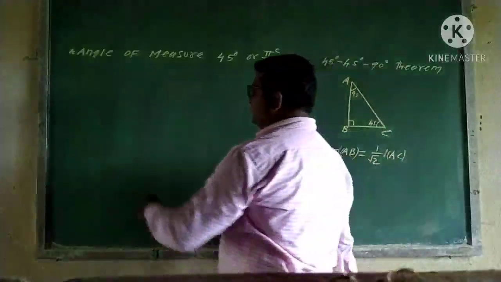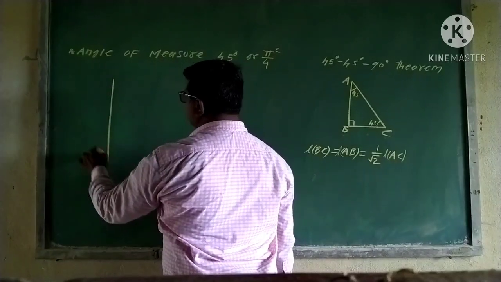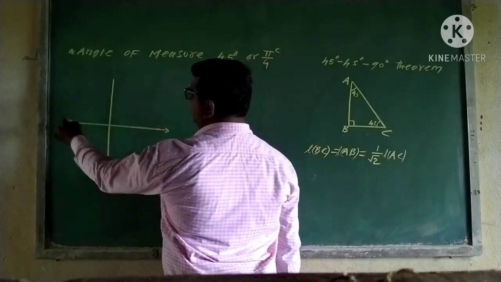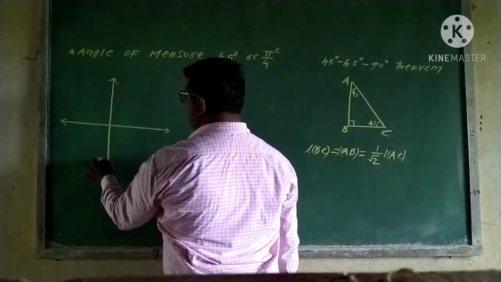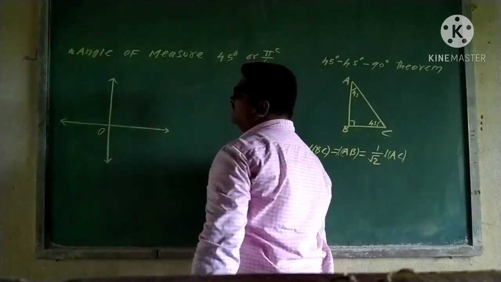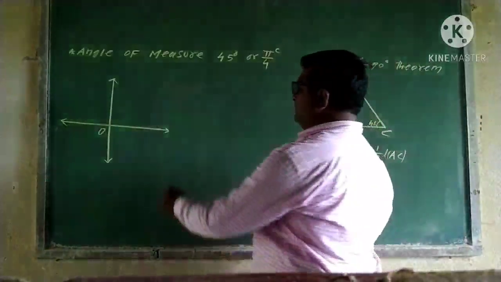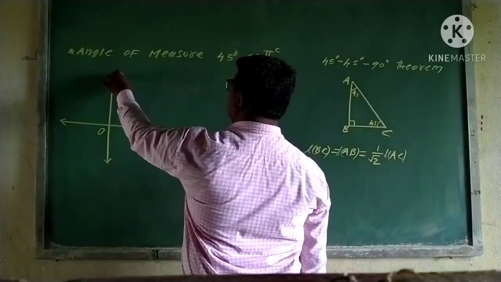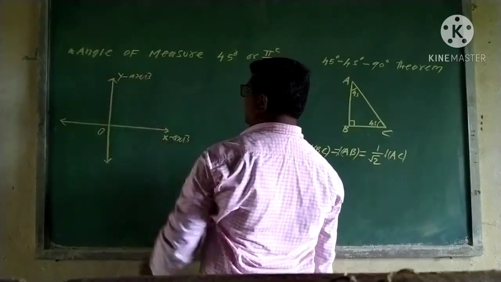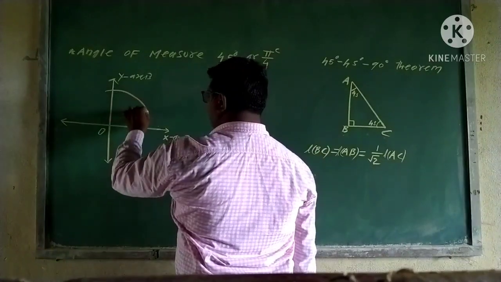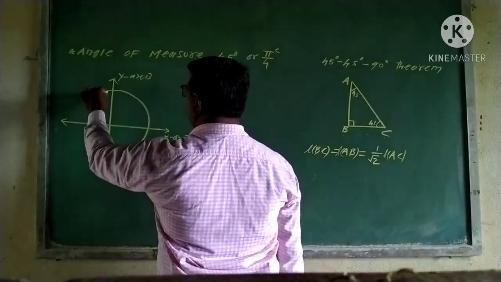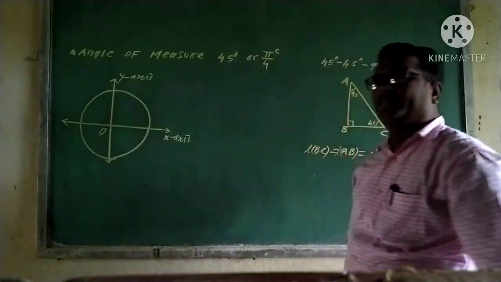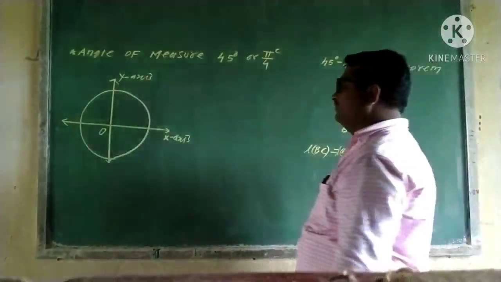Now consider a standard unit circle, with center at the origin. This axis is the x-axis, and this axis is the y-axis.